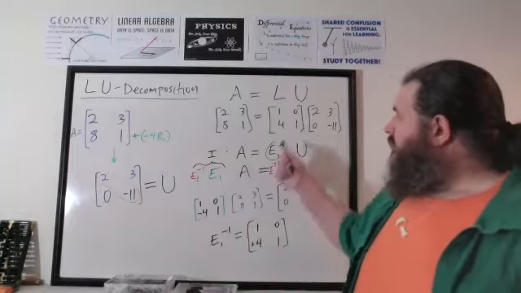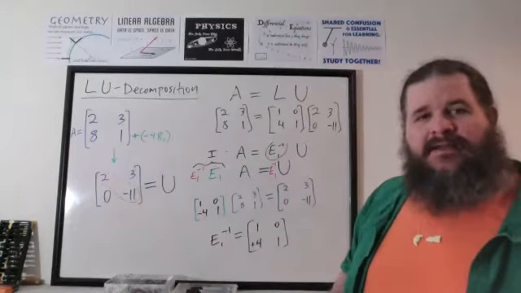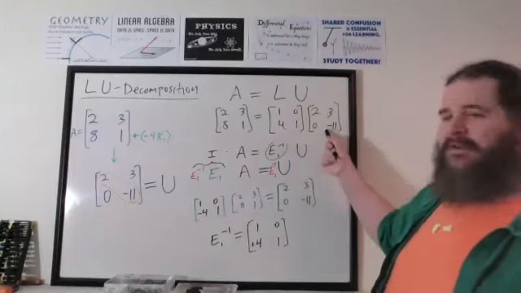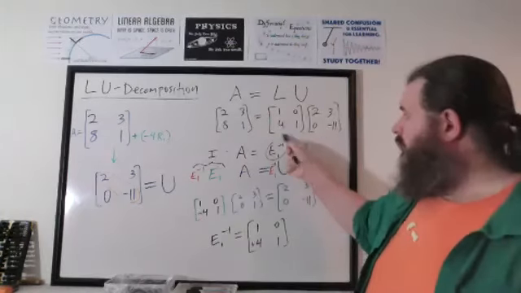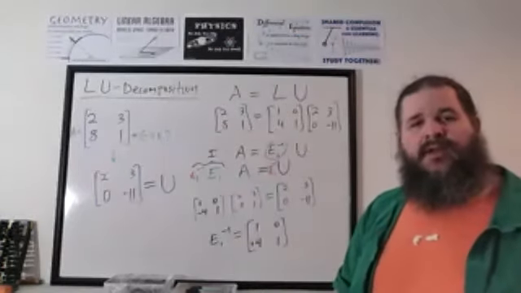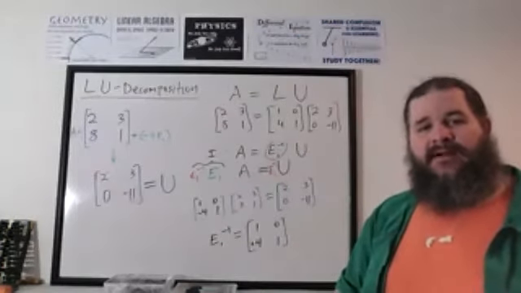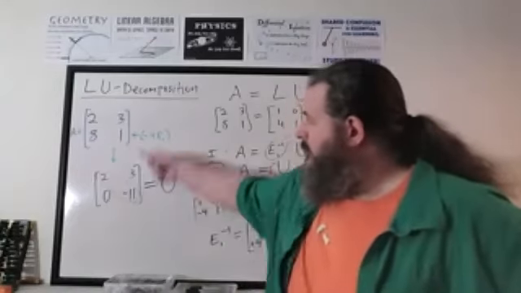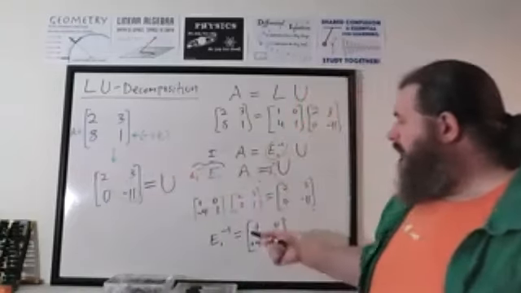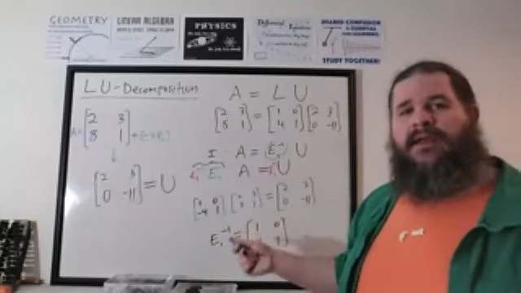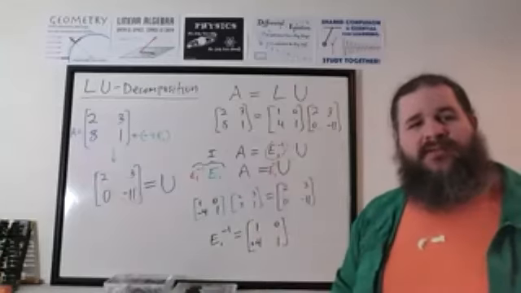And I want to emphasize that this factorization is not unique. It's possible to split up A into a different L times a different U that still follow the rules that this is lower triangular and this is upper triangular, but they still multiply to this matrix. So there are many possible LU factorizations. If you go through this exact procedure, row reduce, and then write any operations you did as an elementary transform matrix, it should get to the same result because it's the same procedure.